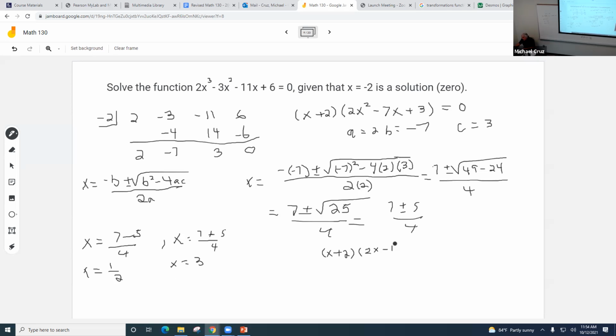This is the only drawback of using the quadratic formula: if you don't get to see the factors, you've got to recreate the factors. So that's the factorable form if they ask you. Because if you solve each one of these, you would get x is equal to -2, which we already knew about, x is equal to 1/2, and then x is equal to 3.